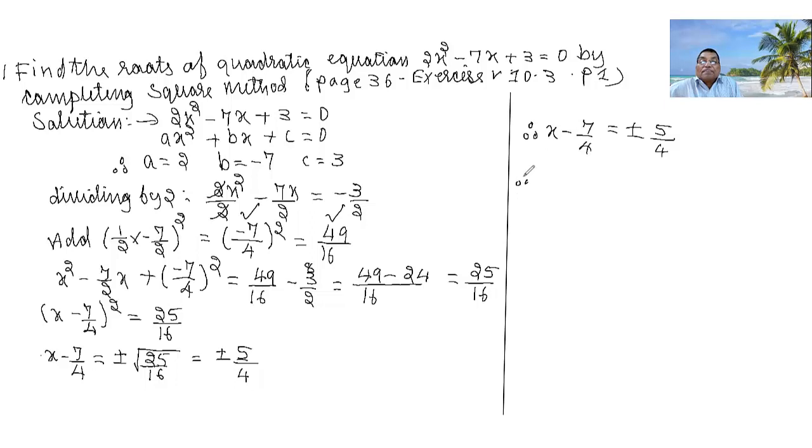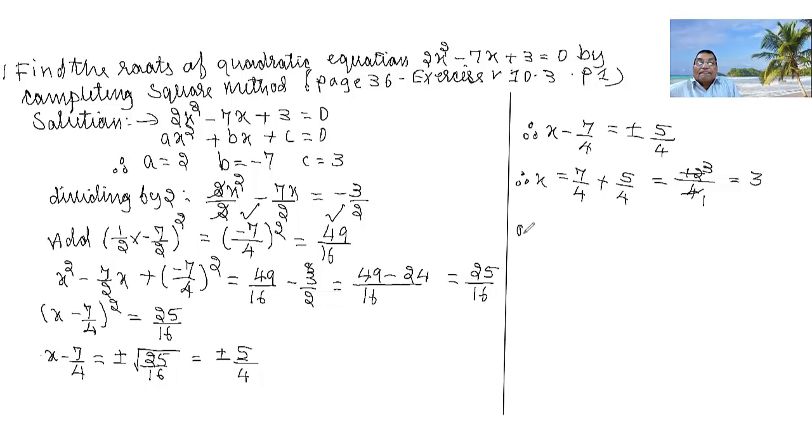Therefore x equal to 7 upon 4, one is positive, another is negative, plus 5 upon 4. Simplify this: 4 is the LCM, 7 plus 5 is 12. 4 into 3 is 12, therefore x equal to 3 is one root.